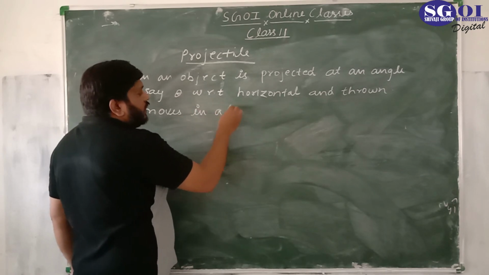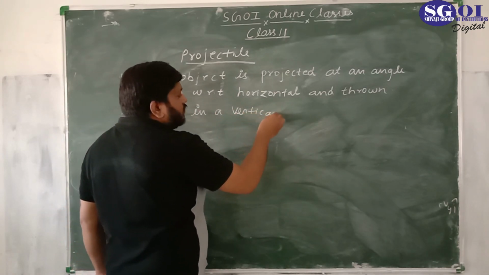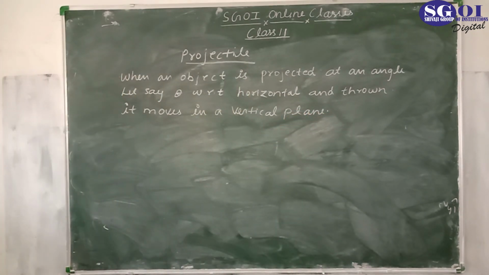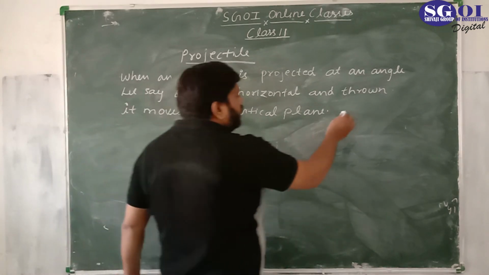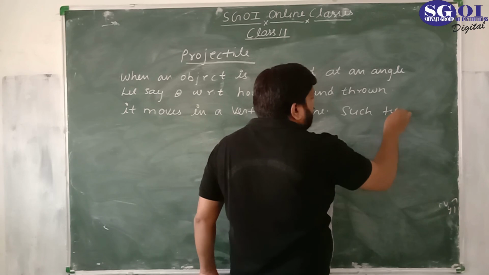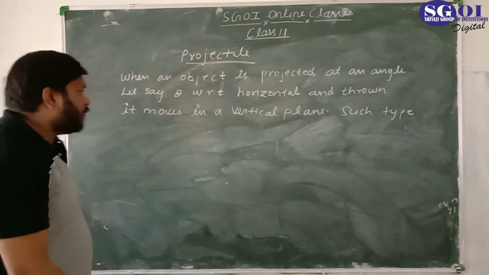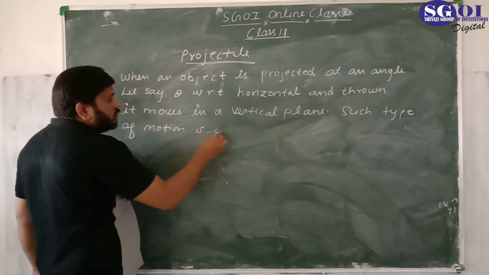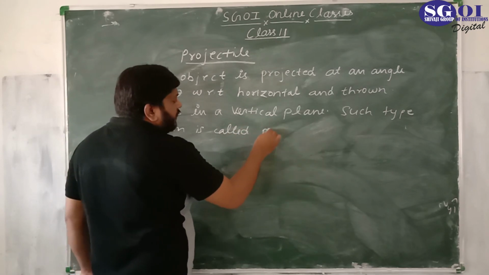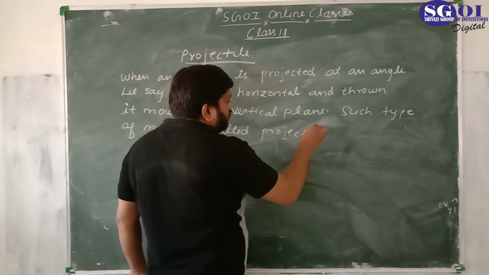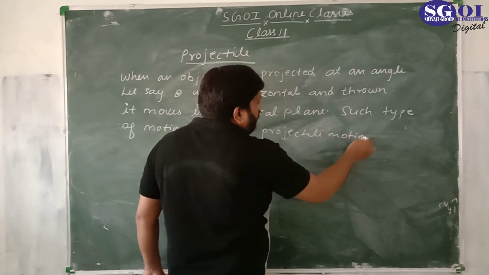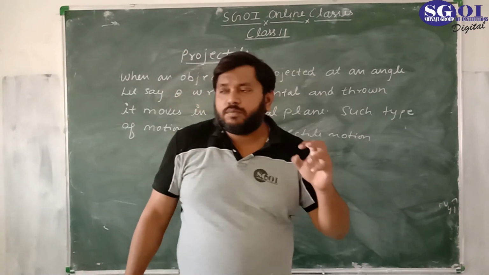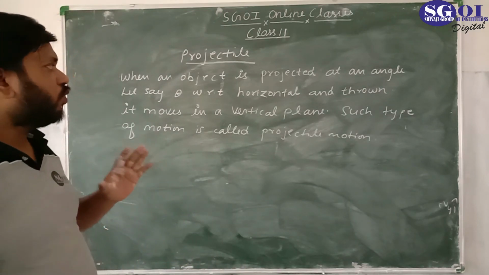Such a type of motion is called projectile motion. It is a simple type of motion in a plane, which means it is two-dimensional motion.